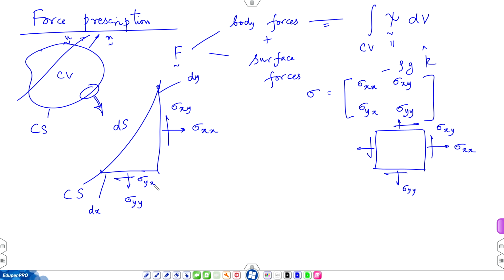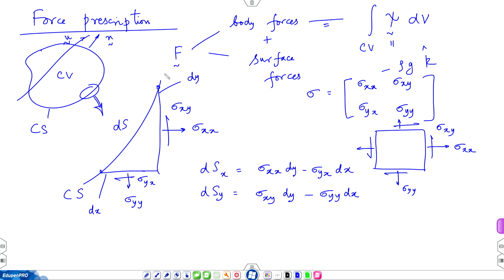So, on the small element ds, the total force acting on it in the x direction is sigma xx dy minus sigma yx dx, and dsy is sigma xy dy minus sigma yy dx.